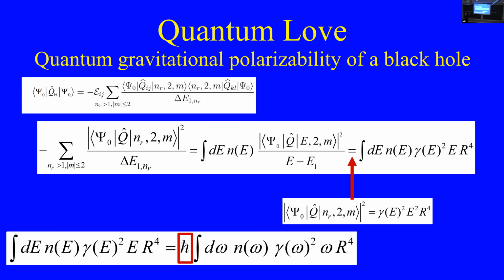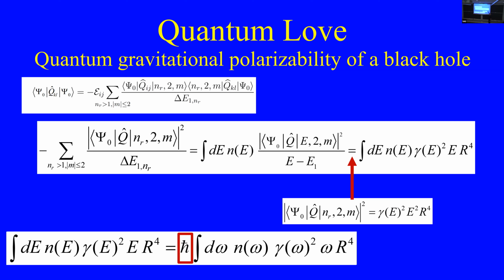In this case, we expect that the microscopic spectrum of black holes will be very dense, and so I can turn it into a spectral function. And this gamma is a parameter that tells you the quadrupole; dimensionally it has to be something like ER squared.